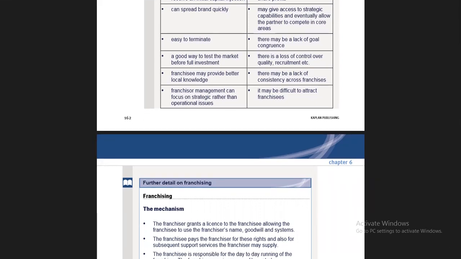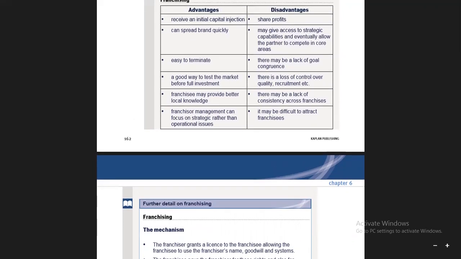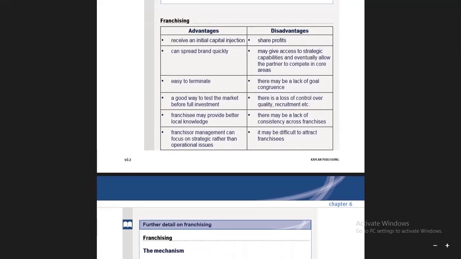Franchisor management can focus on strategic rather than operational issues. Yes, the franchisor, the one who is giving the name, is only focusing on strategic issues rather than operational issues, because he cannot be at all the places all the time. So the franchisee is better placed to look into operational issues.